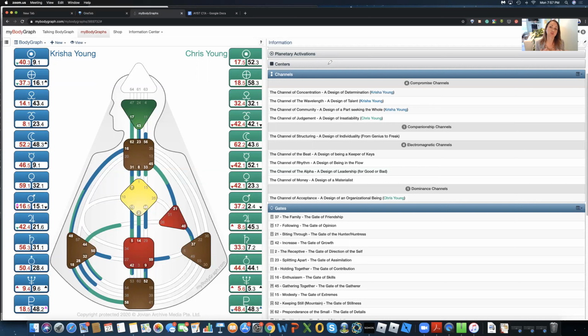What happens is projectors often think that they're a generator. They pull on all of our energy, because 70% of the population is generators, thinking that they can keep up, but their bodies just can't. And so they're exhausted. So you can imagine the kind of arguments that might have happened when you've got those two energetic conflicts going on in a home.